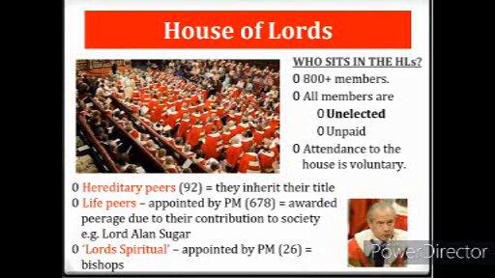You have what's called life peers, and these are people that are made a lord by the Prime Minister of the day, usually due to their contribution to society, such as to science or possibly sport, or in the case of somebody like Lord Alan Sugar, who you'll know of, to business. And then you have what's called the Lords Spiritual, and again these are appointed by the Prime Minister, and these are made up basically of Church of England bishops.